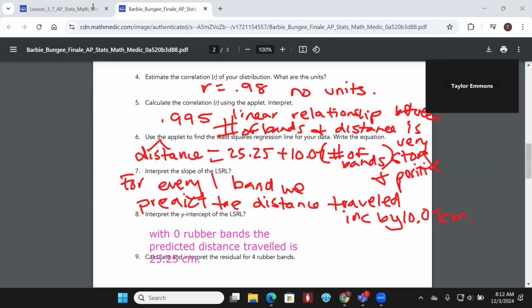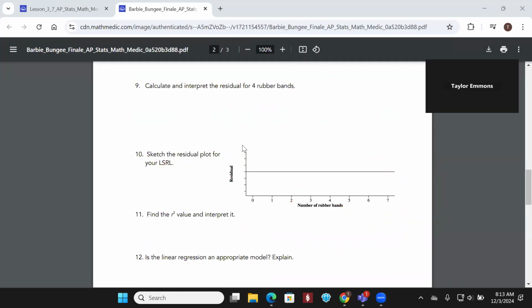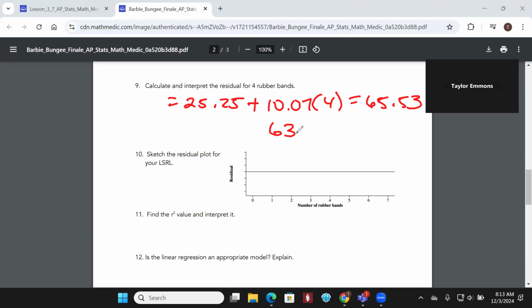All right, so now we're going to calculate and interpret for 4 rubber bands. So we're going to plug 4 into our equation. So we got 25.25 plus 10.07 times 4, and that gives us 65.53. If I want the residual, then I'm going to take 63, which is what we actually measured, minus 65.53.